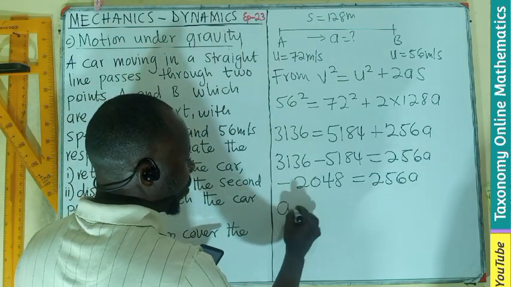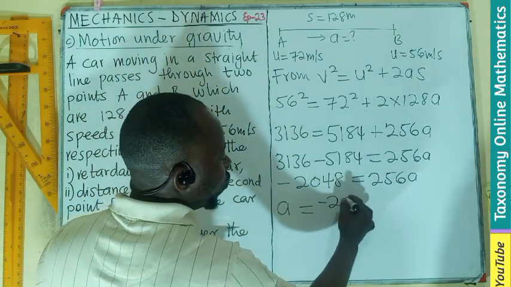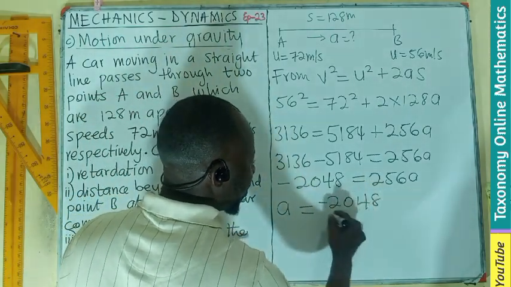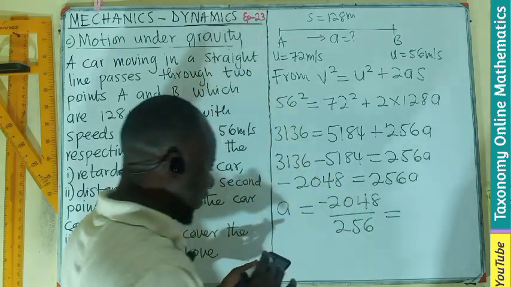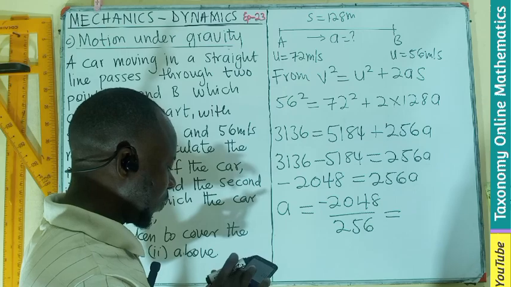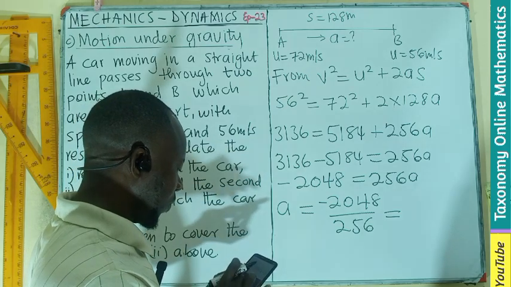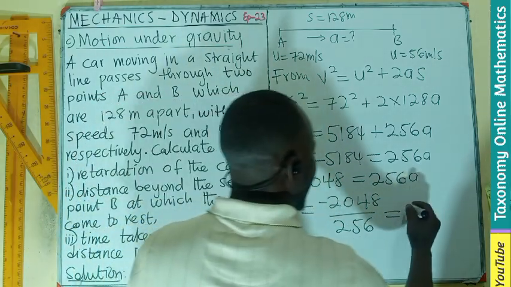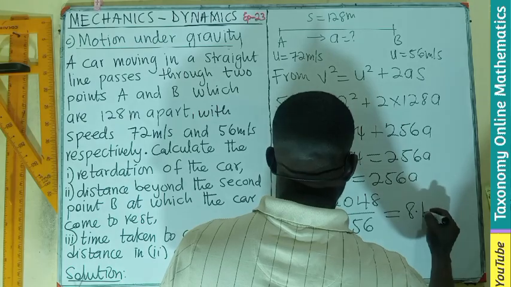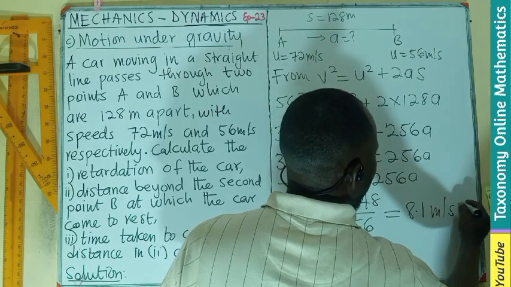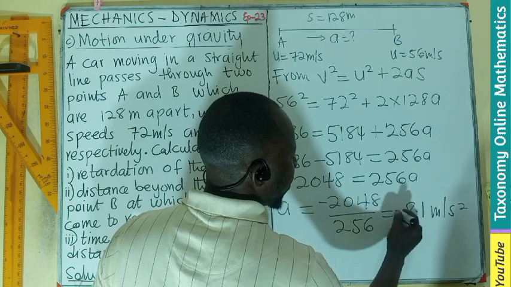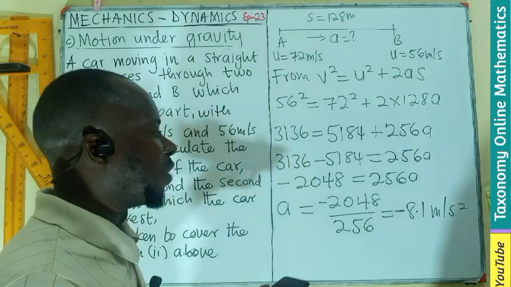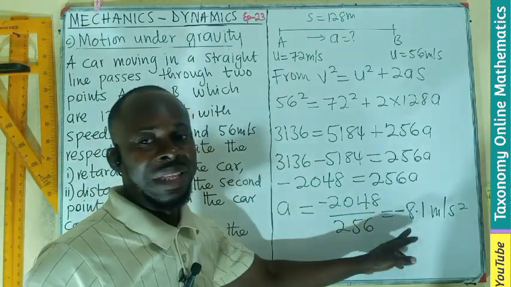So a will be negative 2048 divided by 256. Let's see what that will be. That will give us 8.1 meters per second squared. It is negative, so we have negative 8.1, and that shows the retardation.